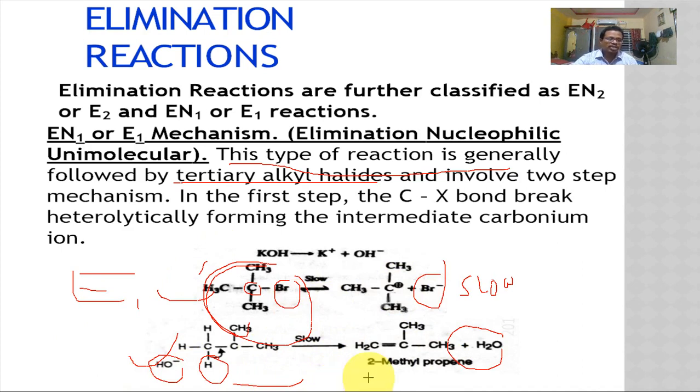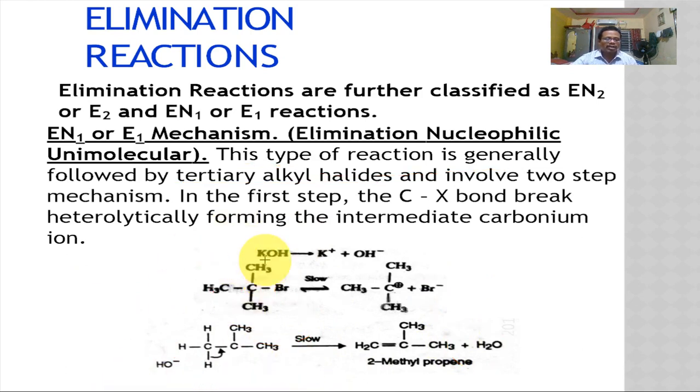Again, explaining, this type of reaction involves tertiary halides, meaning a carbon attached with three different groups, the tertiary carbon. Here the nucleophile Br minus is eliminated. This reaction depends only on this molecule, which is why it is E1.